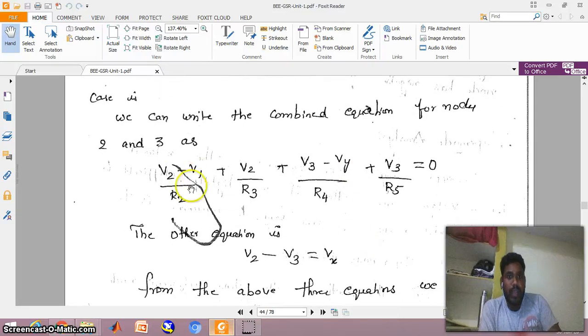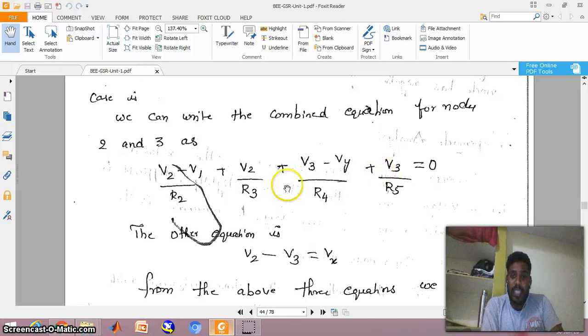So V2 minus V1 by R2 is the current through R2, plus V2 minus 0 by R3, that is the current through R3. These two currents are leaving currents at node 2. Next, plus V3 minus V4 by R4, the current through R4, plus V3 minus 0 by R5, the current through R5. These two currents are leaving currents at node 3.